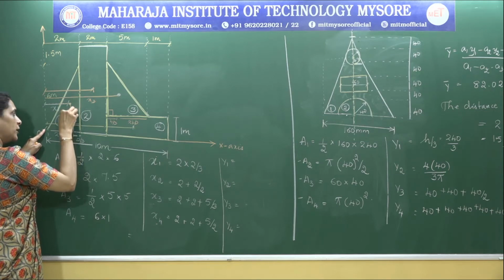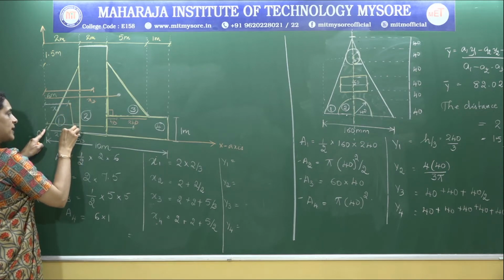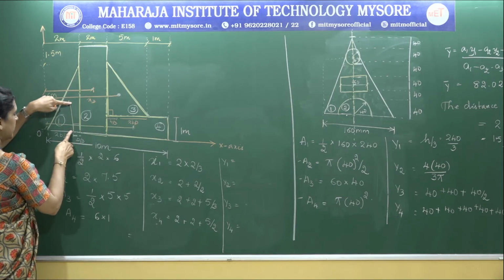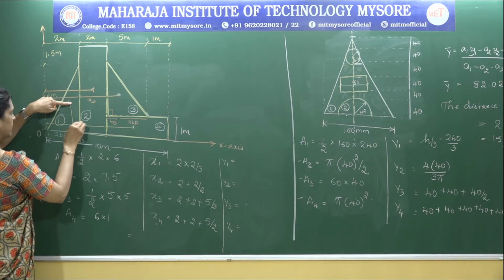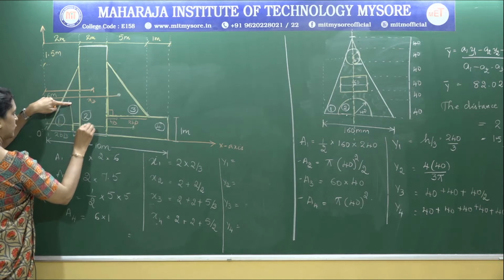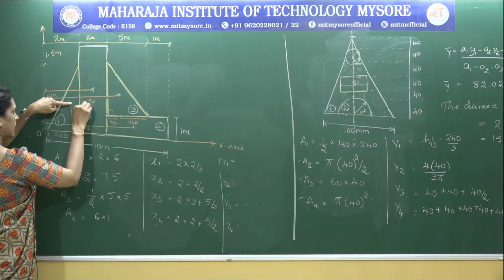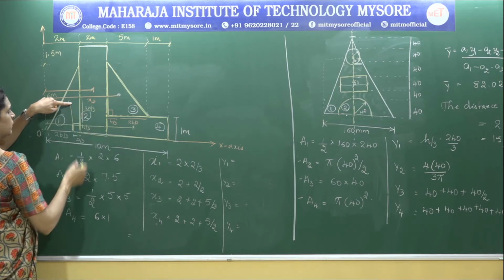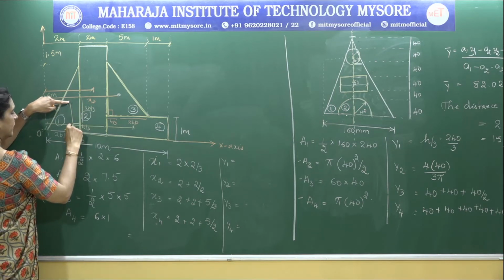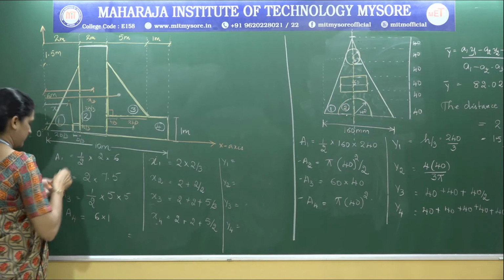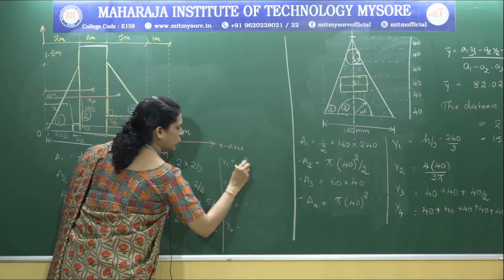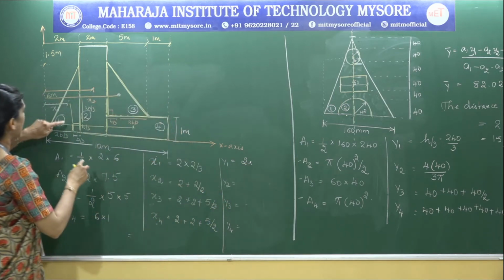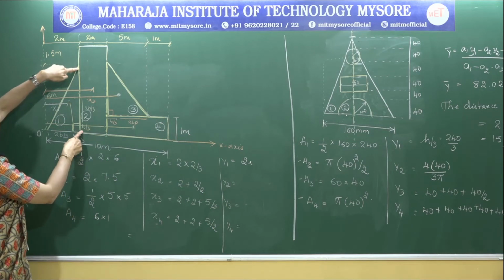So, from here to x axis, this is h by 3 and the remaining portion is 2h by 3. So, it is 2h by 3.